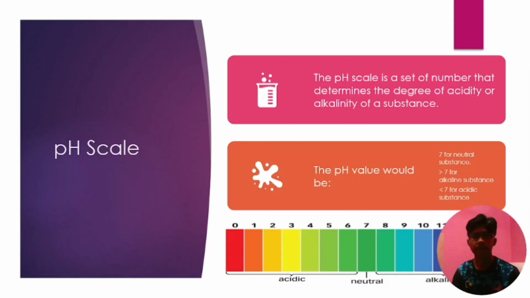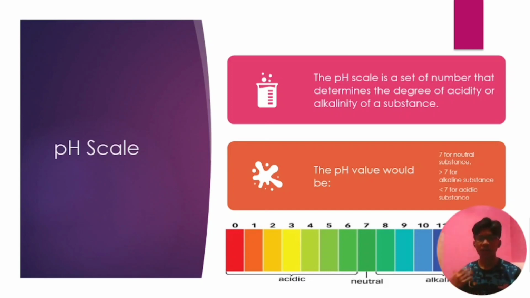Now we are going to move on to pH value. To determine the pH value, we have to know what the pH scale is. The pH scale is a set of numbers that can be used to determine the degree of acidity or alkalinity of a substance. So, the base value would be 7 for a neutral substance.